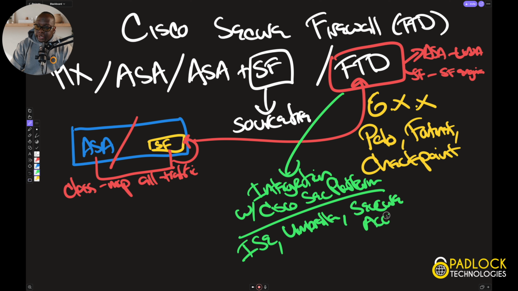You can hook it into Secure Access, right? Do the same functionality, even more, with Secure Access than you can in Umbrella. If you are an Umbrella customer, I would probably move to Secure Access because you're going to get all the functionality in Umbrella and more. And if you don't know what that is, you can look at my other series about Secure Access and the whole framework of that.